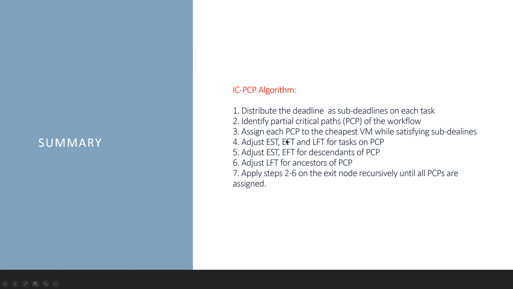So it applies step 2 to step 6 to the exit node recursively until all the PCPs are assigned. Then the plan is done and will be assigned to the workflow executor.